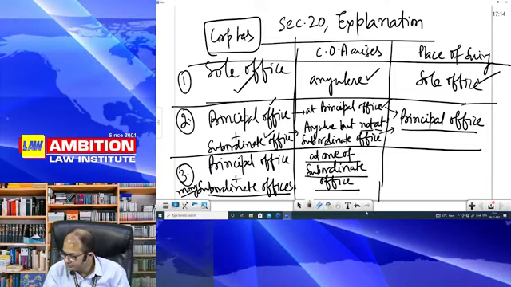If the cause of action arises at one of the subordinate offices, then the place of suing will be at that subordinate office.